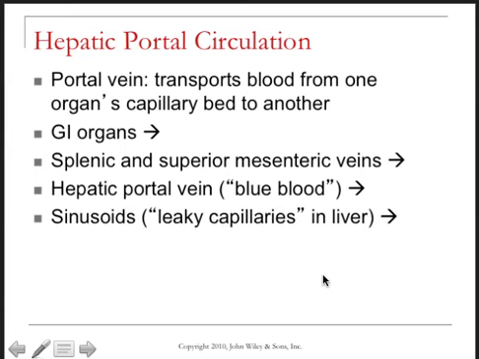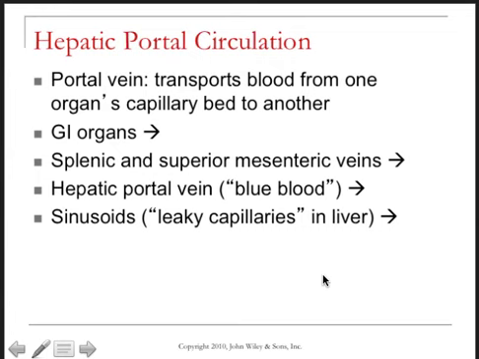What happens is that this joins the hepatic artery, and this feeds into sinusoids, which are large open spaces inside the liver. And in these sinusoids, what happens is that the blood has its chemistry adjusted. Essentially, there are detoxification processes that go on in the liver. The liver also adds serum albumin to the blood.